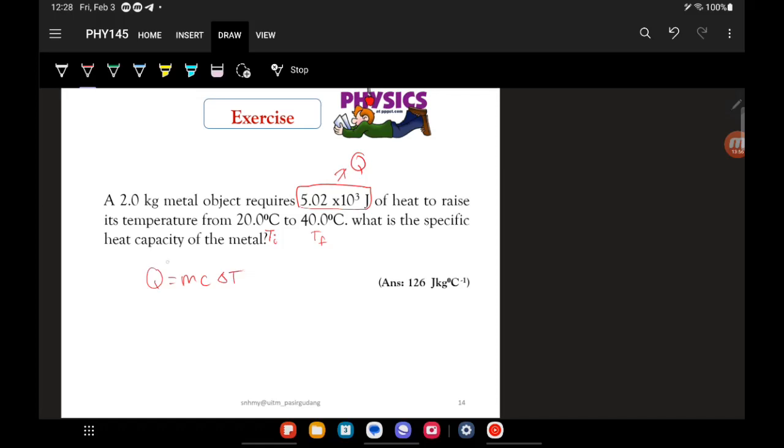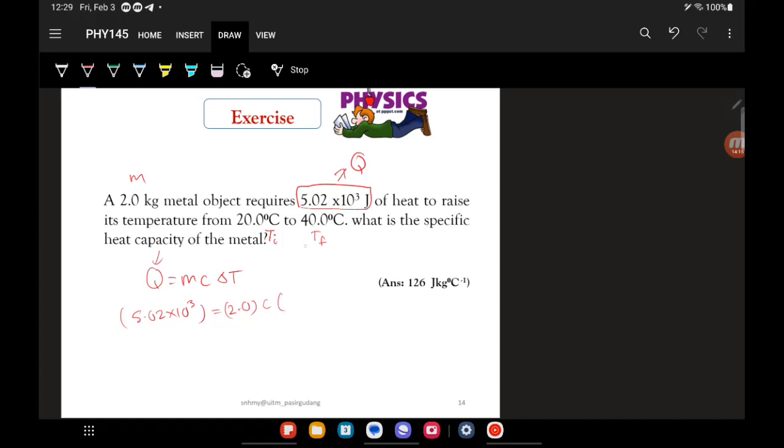The Q is given, and the mass is also given. Q is given as 10 to the power of 3, and the mass is 2 kilograms. The specific heat capacity is the one we need to find.